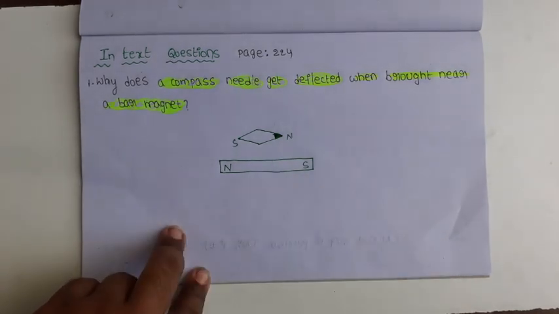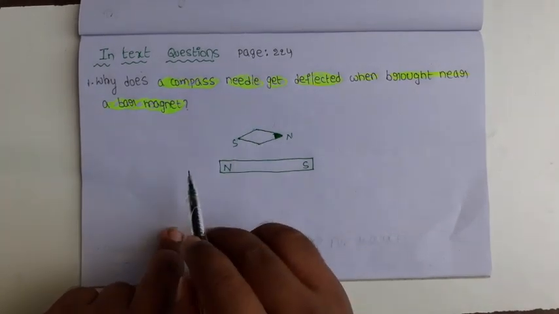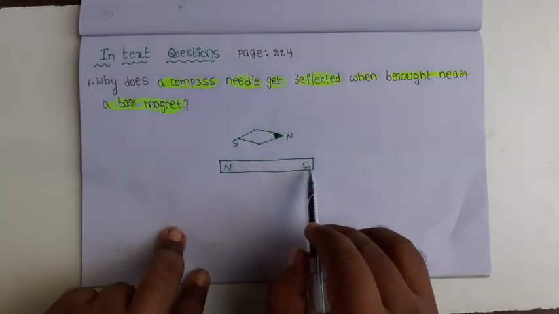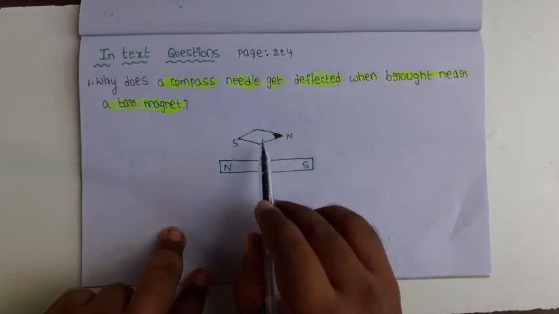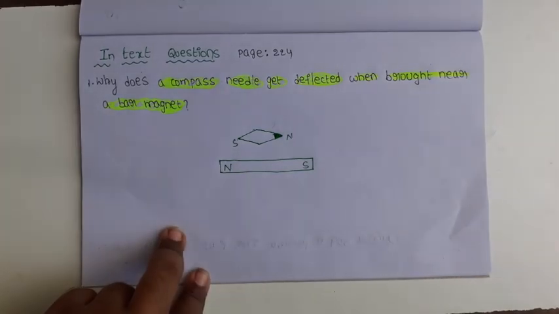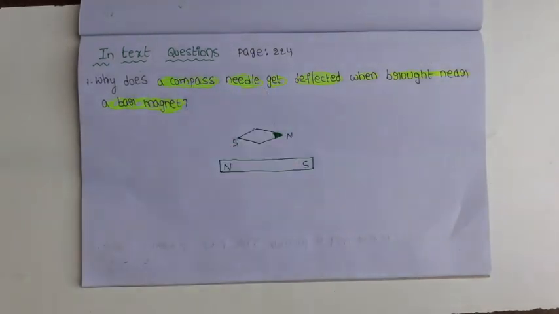These two exhibit magnet properties. So a magnet can produce magnetic field lines. The compass needle has some magnetic field lines and the bar magnet also has some magnetic field lines. So these two interact with each other, which causes the compass needle to get deflected.